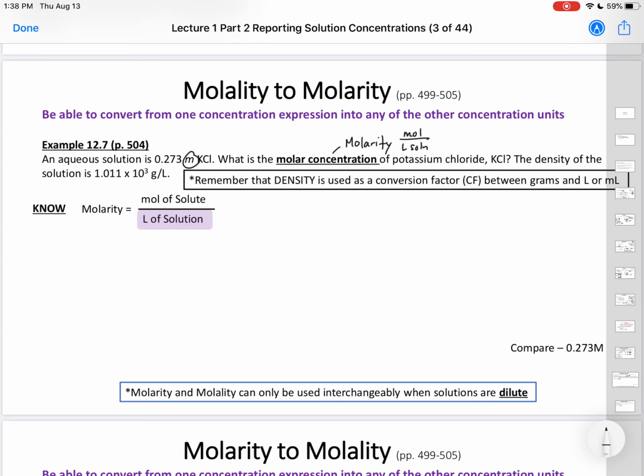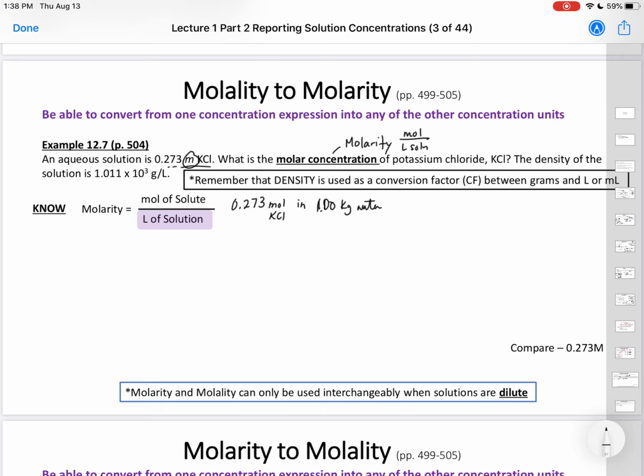Okay, so really, if you think about it, again, like we did before, 0.273 moles per kilogram really just means that you have 0.273 moles of KCl if you have 1 kilogram of water.